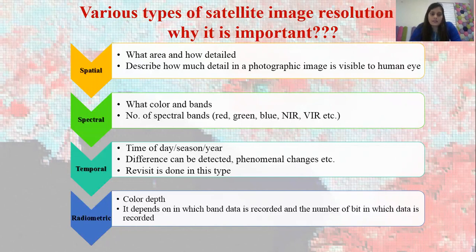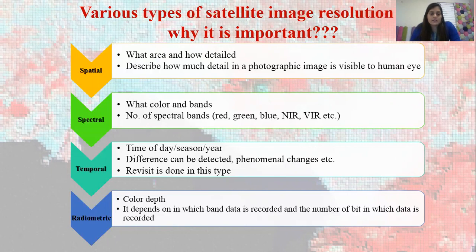It describes how much detail in a photographic image is visible to the human eye. Means how much area is covered and what detail is done of that area is spatial resolution. Next is spectral. What is spectral? What color and band? The number of spectral bands.